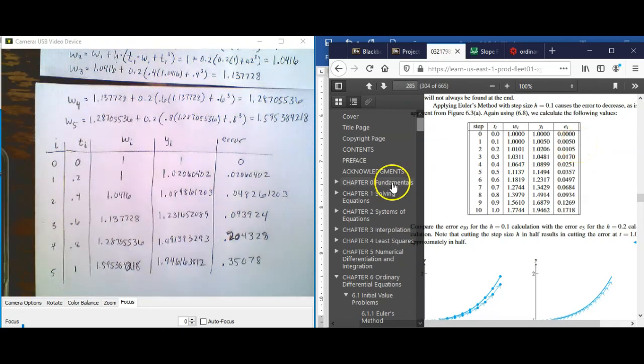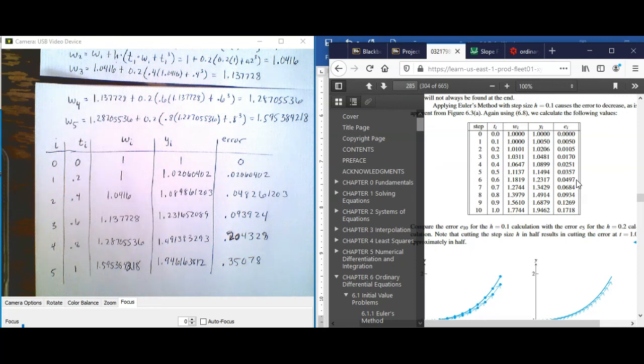Our error was 0.02. So you can see it's about half of that. Here if we go to the next iteration, for 0.4, we have 0.025 as our error. Here we have about 0.05. It's also half, right? And continuing that on at 0.6, if you notice, 0.0497 is about half of 0.09, and so on and so forth.